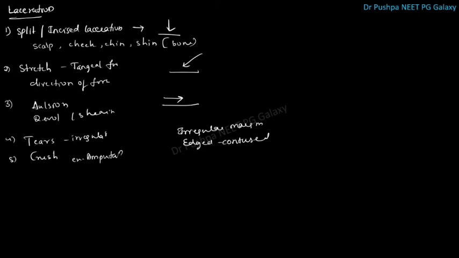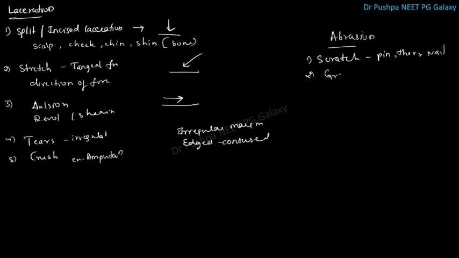So apart from laceration, there is something called as abrasion. So here there will be epithelial loss. Only the superficial layer of skin is scraped. So it can be due to scratch by pin or thorn or nail. Only epithelium is involved.